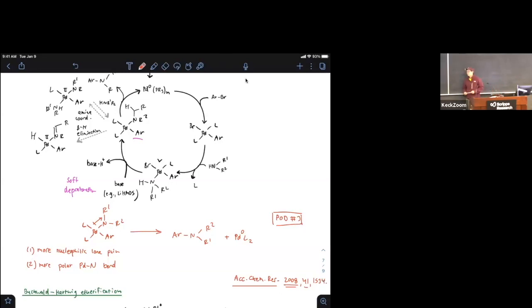Actually put on ligands, like for the more polar one, you could put on ligands that also change the polarity of the palladium species. See if that has any bearing.